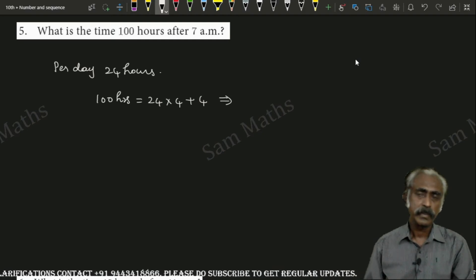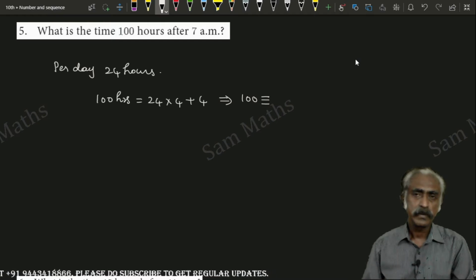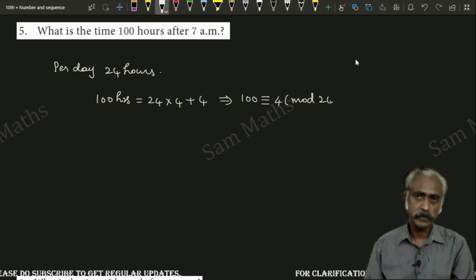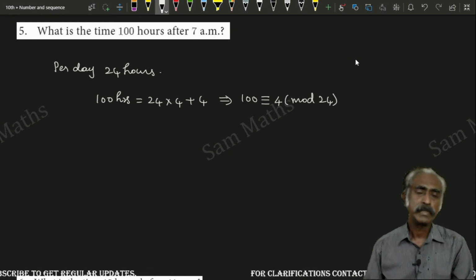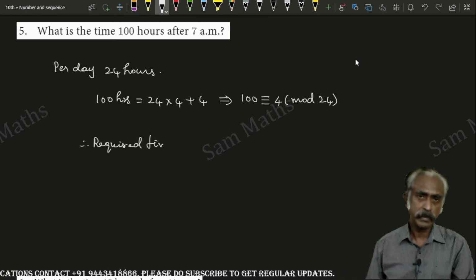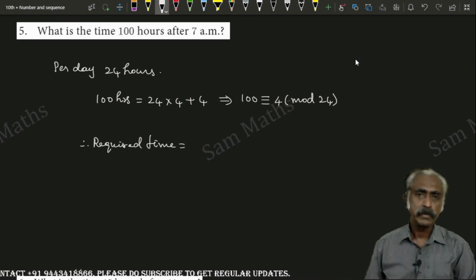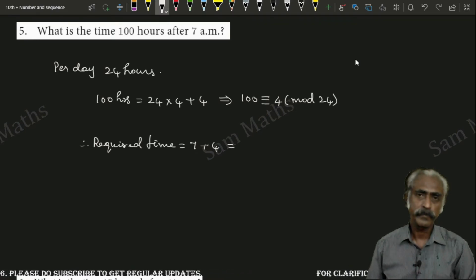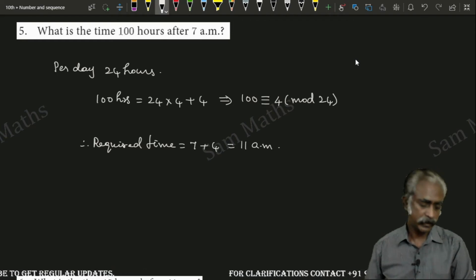That is 100 is congruent to 4 mod 24. We are using mod 24, since per day we have 24 hours. So we are getting the remainder is 4. Therefore, required time is equal to 7 plus 4, that is equal to 11 a.m. This is the required answer.